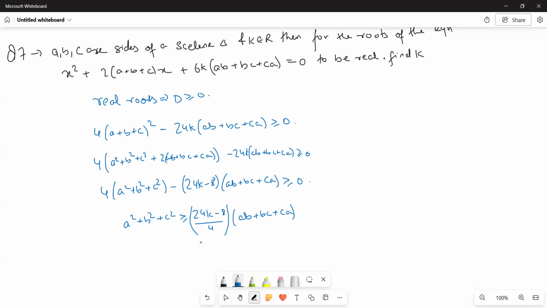So a square plus b square plus c square is greater than equal to (6k minus 2) (ab plus bc plus ca).